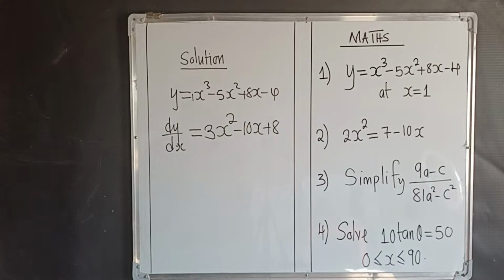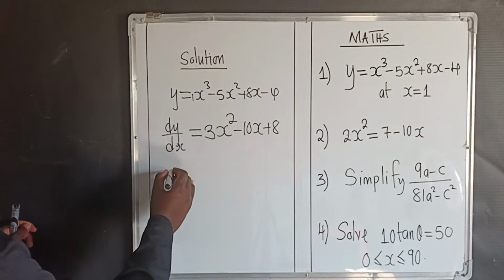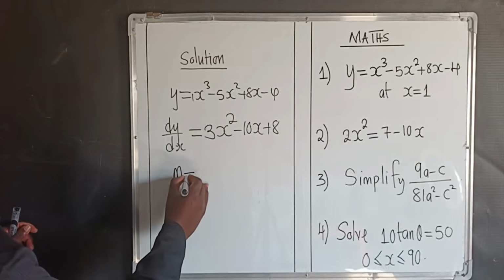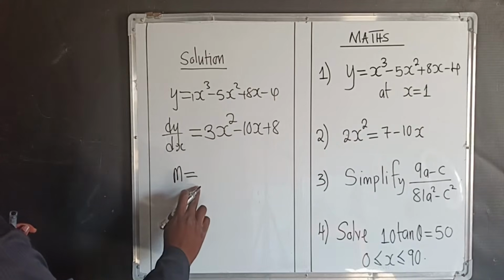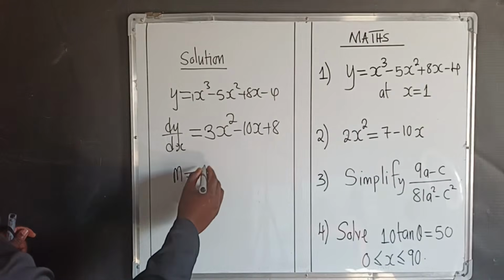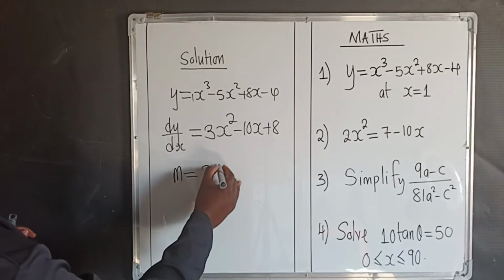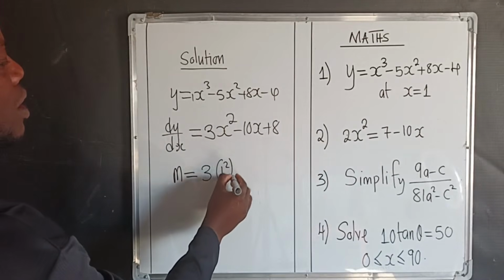All right, so if at all it's clear, now once you get to find this dy dx, you now say m is equal to, this is a gradient function now, the actual gradient. We do not denote gradient using letter m. We're now going to use the x value, which is a 1. Wherever there is x, we put a 1.